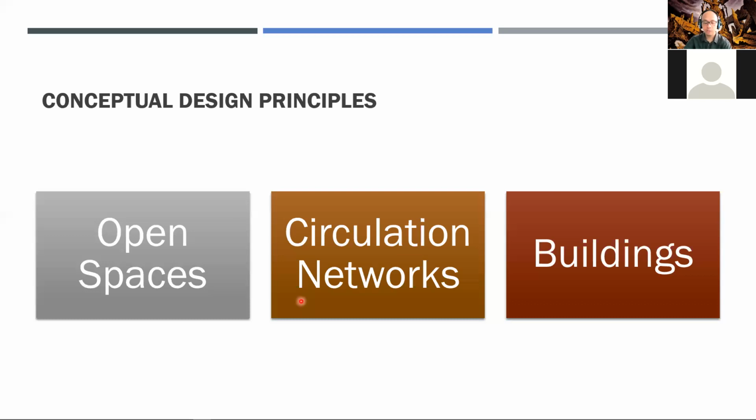Secondly, circulatory networks. When you're designing a site circulation network, you are required to have an understanding of the site's context, including the existing transportation systems adjoining the site. The entry and arrival sequence to on-site destinations must begin at one or more access points on the site's periphery.